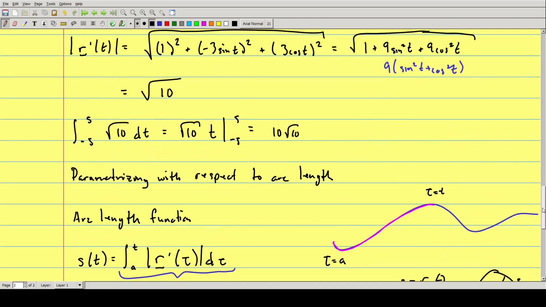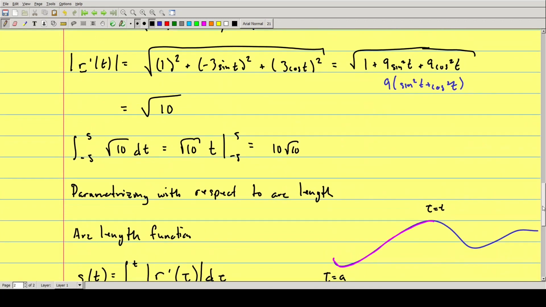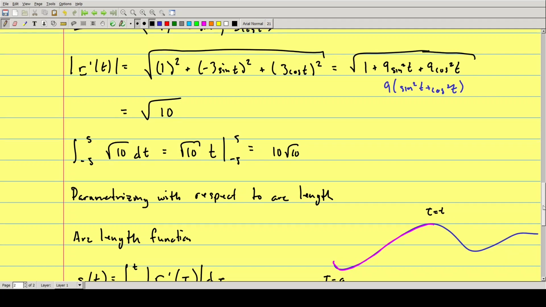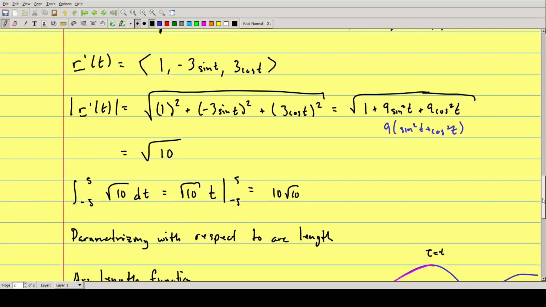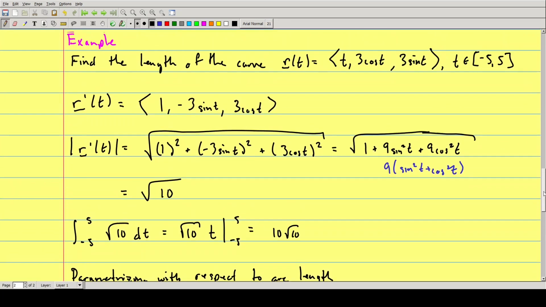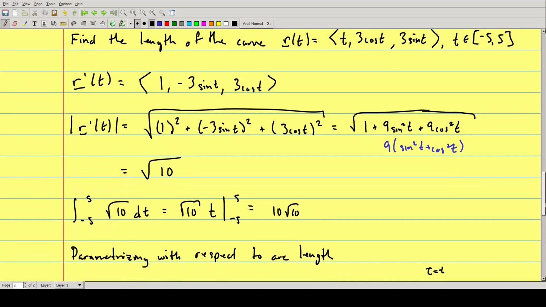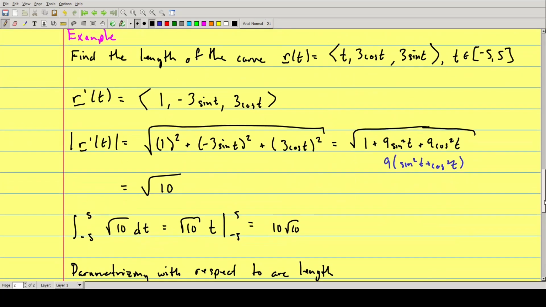Let's use the example that we just did. Okay. So let's take the example from here, except instead of going from -5 to 5, we're just going to go from 0 to t, all right, to simplify the formula.